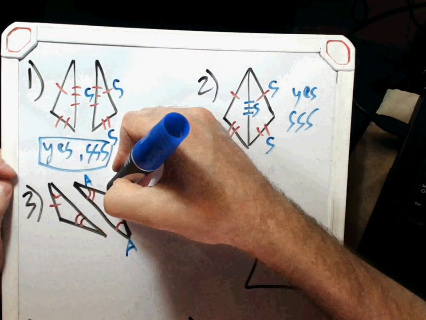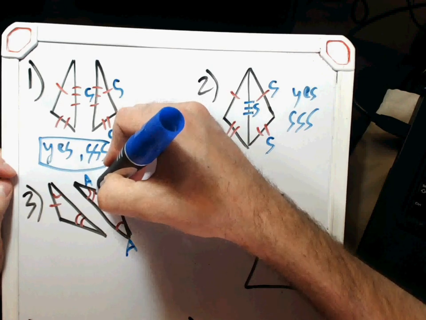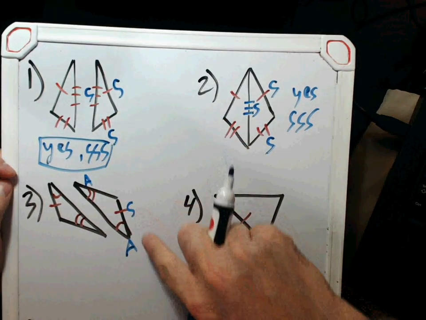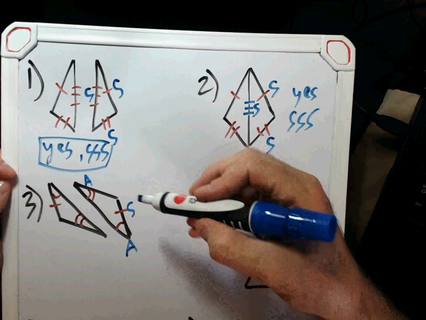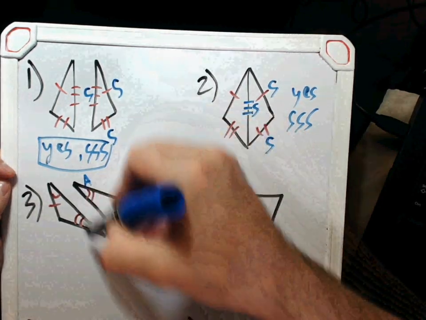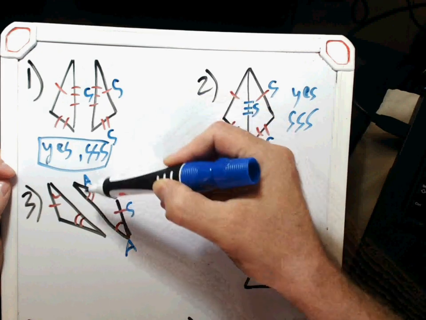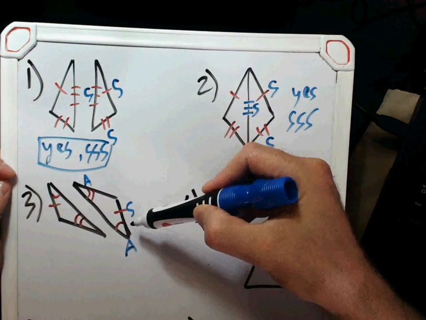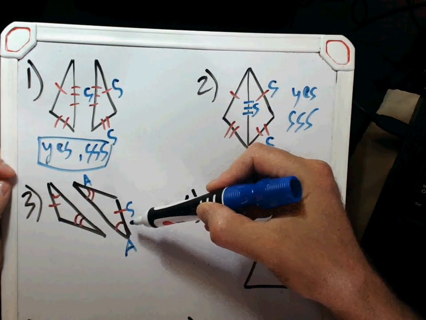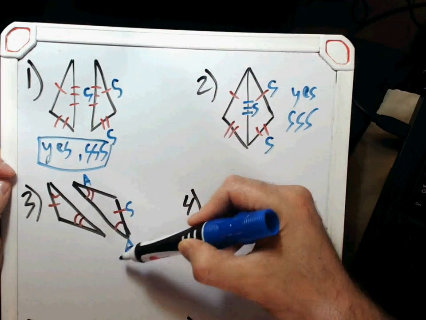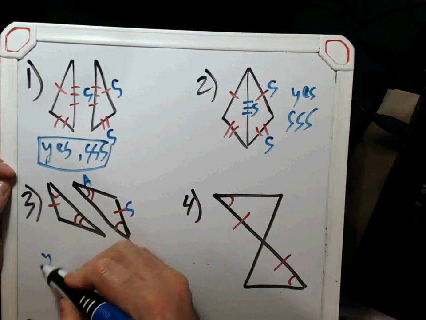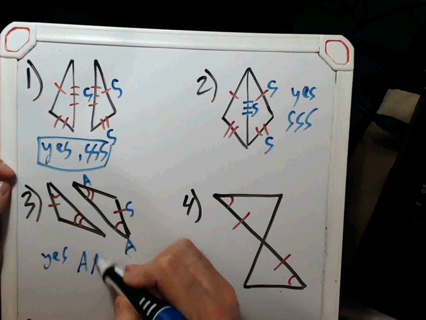Now notice I don't have this A and I don't have this side, so the order that I do this in is important. I don't have this information, so I have to do it actually in this order. I can't do it in either order in this case. It has to be A, S.